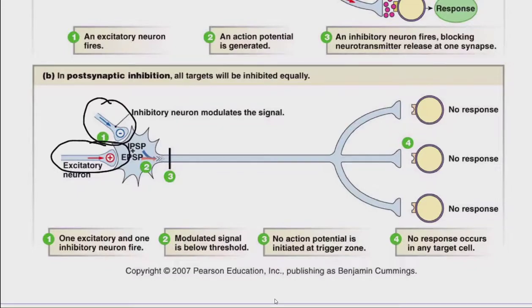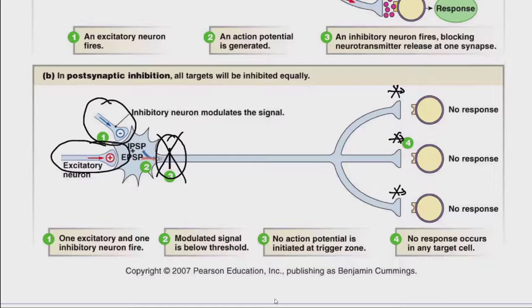And because they are firing at the same time, they cancel each other out, and therefore no action potential happens, and therefore no neurotransmitter is secreted from any of the axon terminals, right? So any of the cells that are themselves synapsed to this particular neuron are not going to receive any signal.